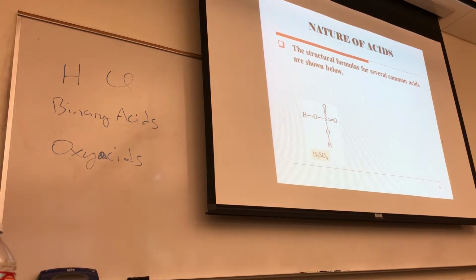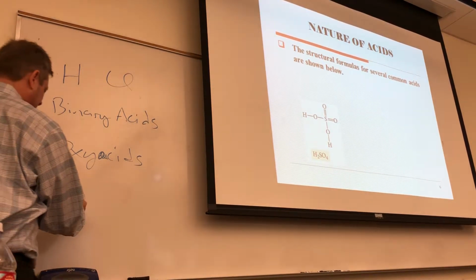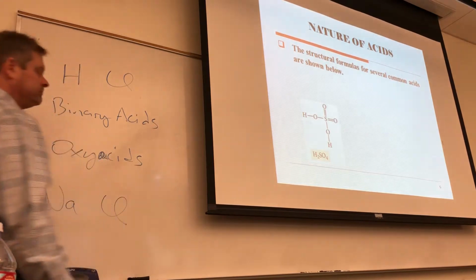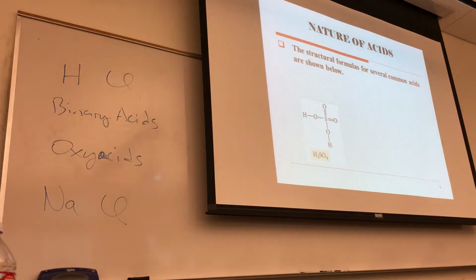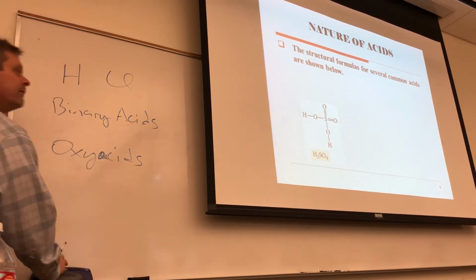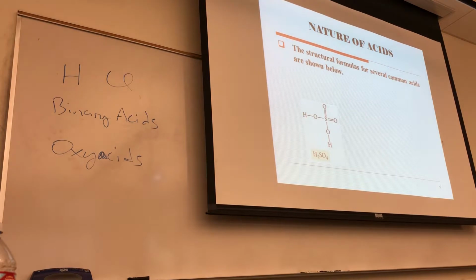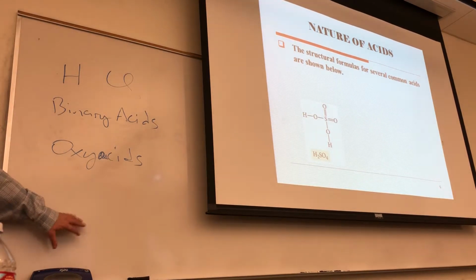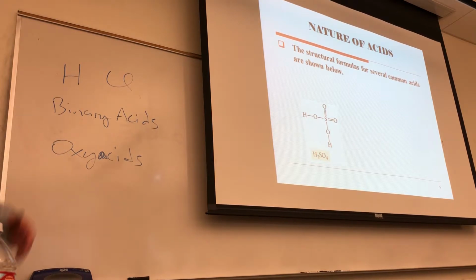Let me rephrase this. If I change that to Na and Cl, and I put this in water, what happens? It dissolves into its ions, right? Like this chart. What dictates that sodium chloride does that? Chlorine is about 3.5 in electronegativity, if I help you out a little bit.